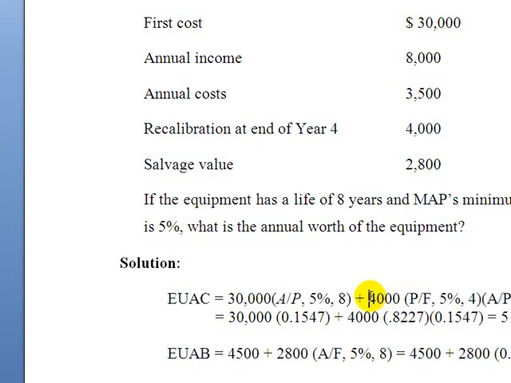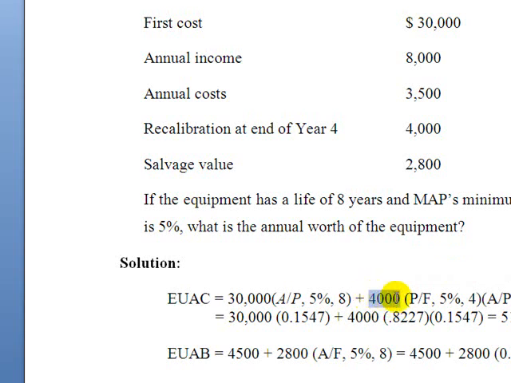First let's try to find the P value for 4,000. We can do that. First we find the equivalent P value and then we convert that P value into an A value.